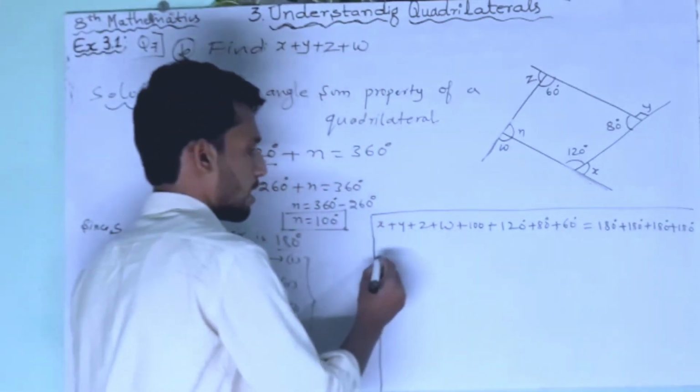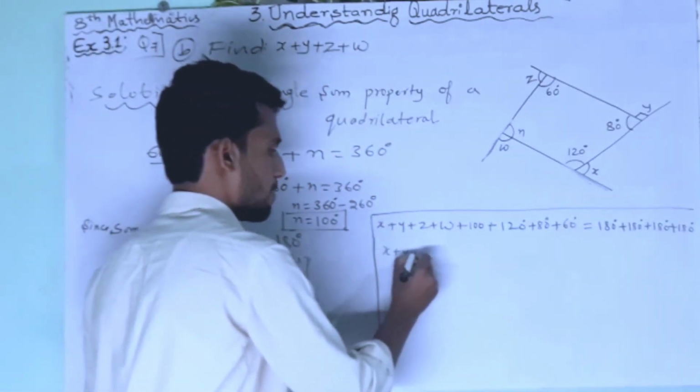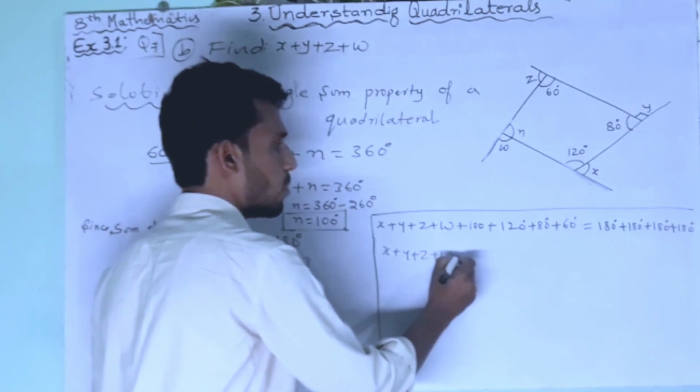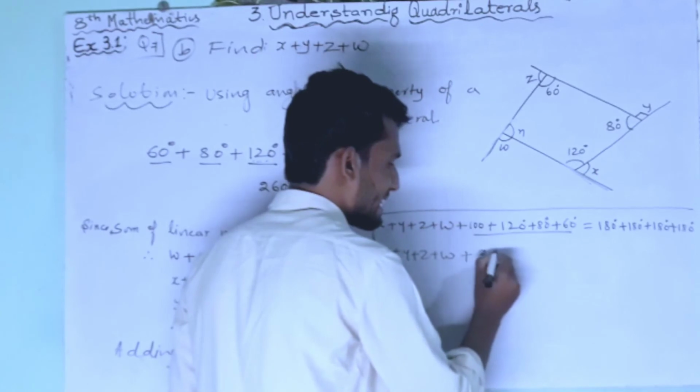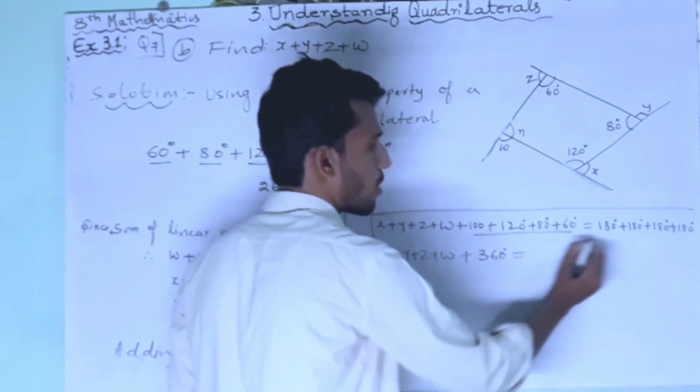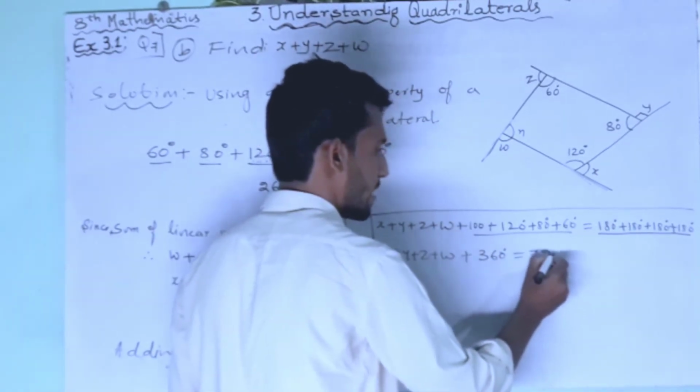Next, x plus y plus z plus w. When you add these four, 100 plus 120 plus 80 plus 60 gives 360 degrees, is equal to 720 degrees.